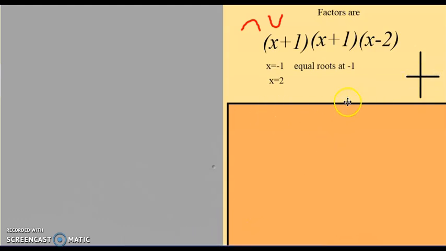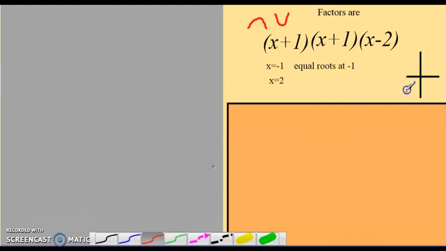I will have a positive graph, which means I will start at the bottom, go up, then turn around, come down, and go up again. So it's clear to me that the equal roots will have the effect of that, and the 2 will have the effect of something similar to that.